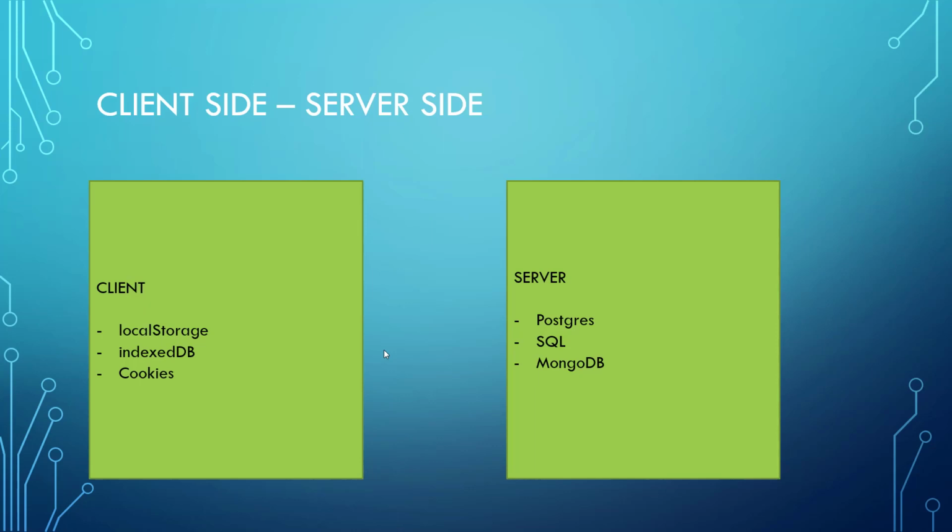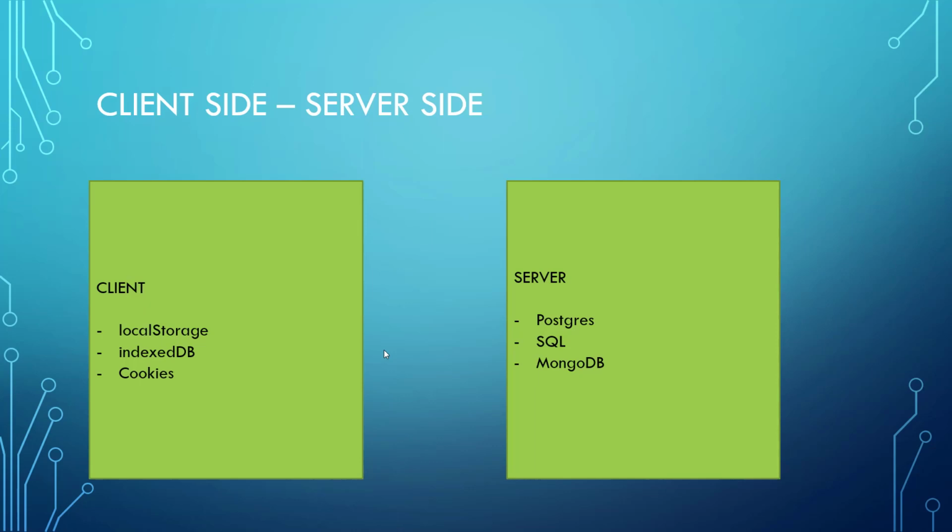So again, what we're going to talk about is, okay, how do I access data? And we're going to get to an example in the next slide. Server, also relatively straightforward. Well, SQL or any kind of SQL variation, so MySQL, you name it. Postgres is basically the same. MongoDB is a NoSQL solution that runs on a server.